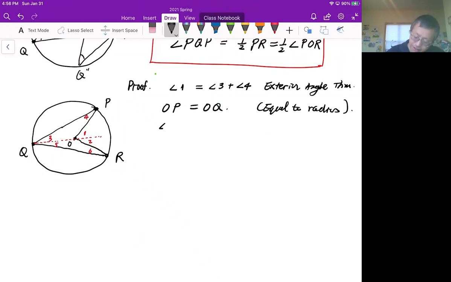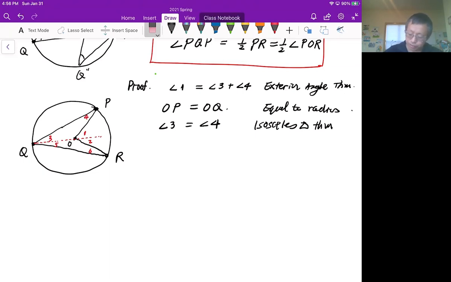And so angle 3 equals angle 4, because it is an isosceles triangle. It's the isosceles triangle theorem.